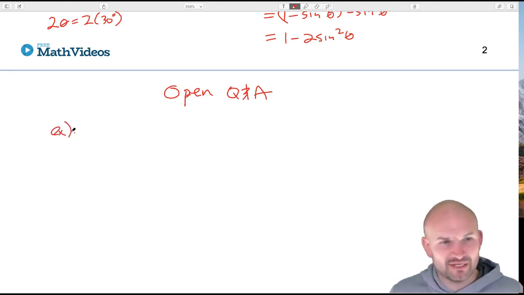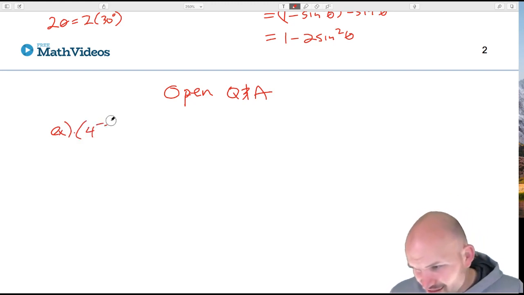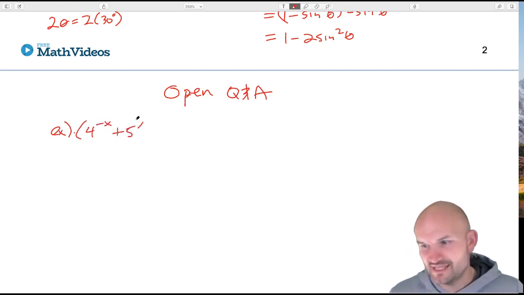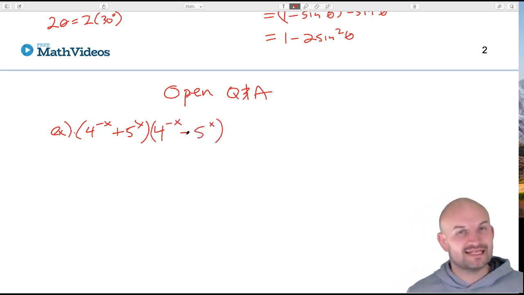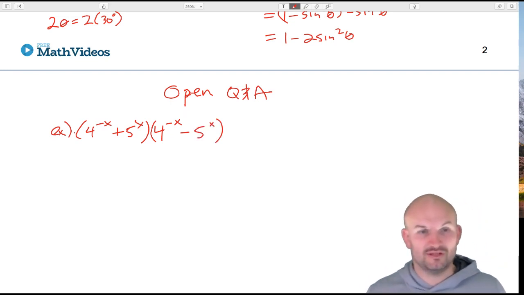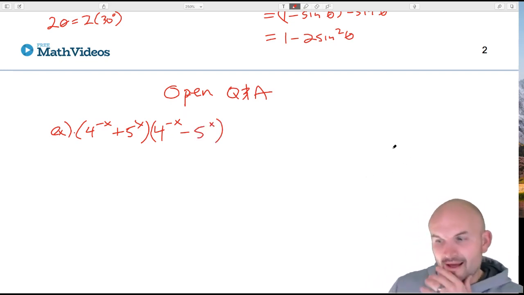So I'm assuming you just want me to multiply 4 to the negative x plus 5 to the x times 4 to the negative x minus 5 to the x. Okay, well, this one isn't as bad as it looks. It looks kind of crazy, right?